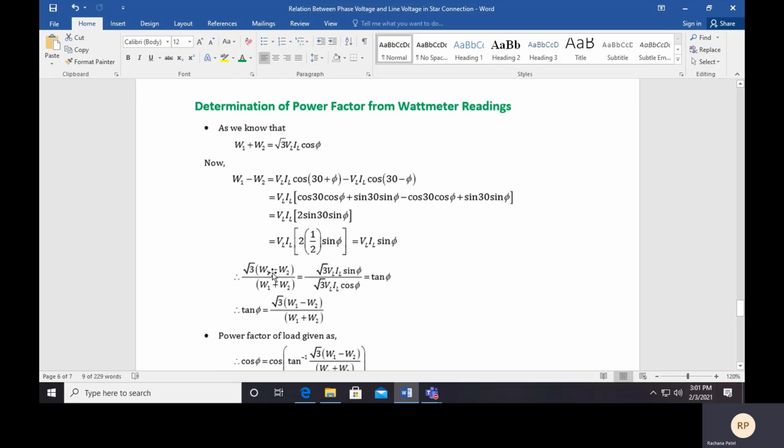Now, if we take the ratio of W1 minus W2 upon W1 plus W2 with the multiplying factor root 3, it will allow us to represent the value in that way, which is nothing but tan phi. It means tan phi is equal to this.